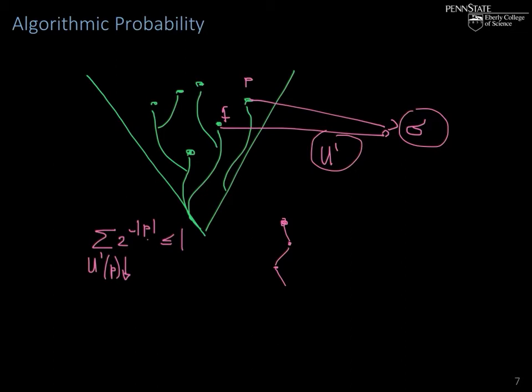We could take this as the algorithmic probability of sigma. So what is the probability that, by coin tosses, I generate a program that outputs sigma?